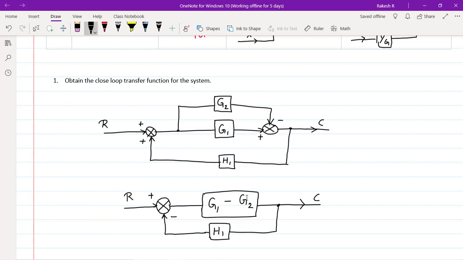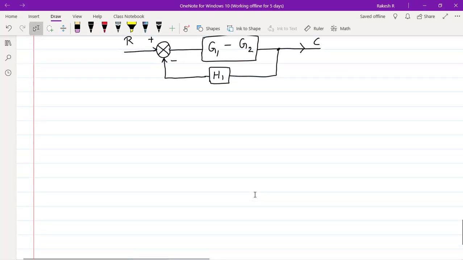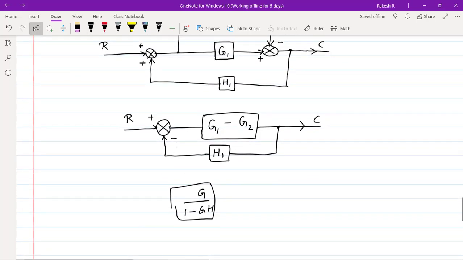Right. So how to reduce this one? For the minor feedback loop, we have the formula G divided by 1 minus GH. This is the formula for a positive feedback loop here. But in this case, what do we have? We have the positive sign here.